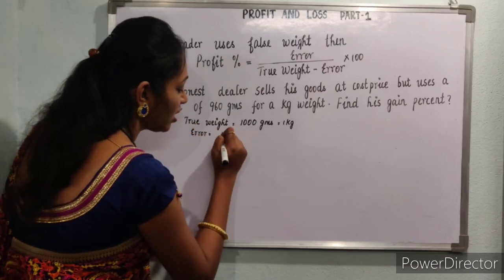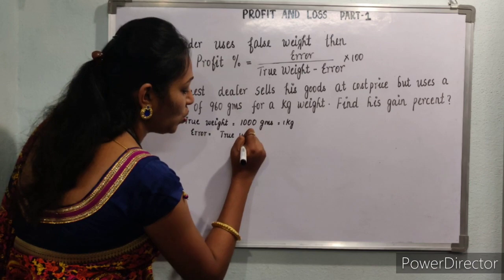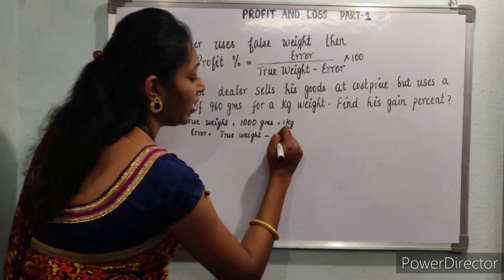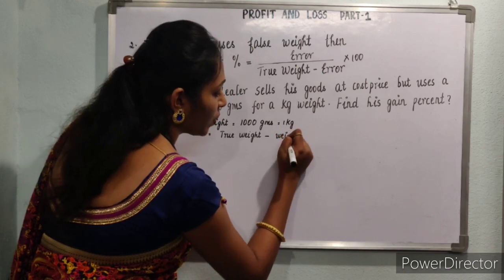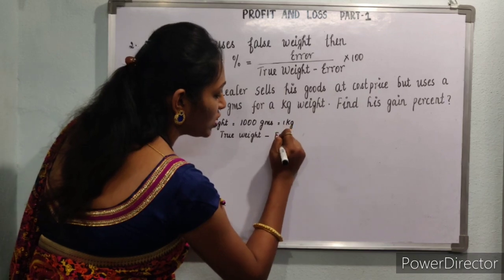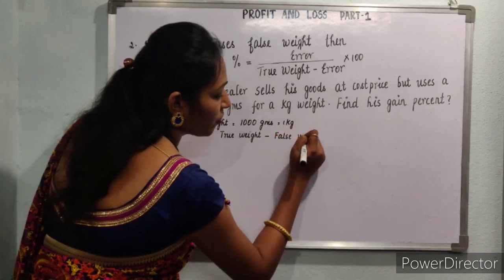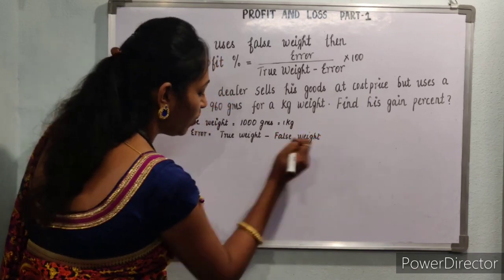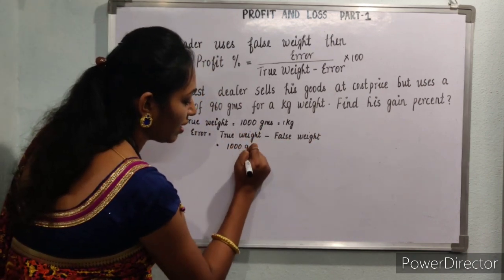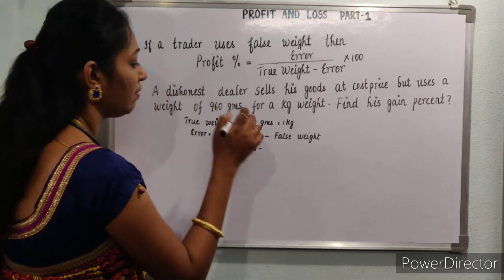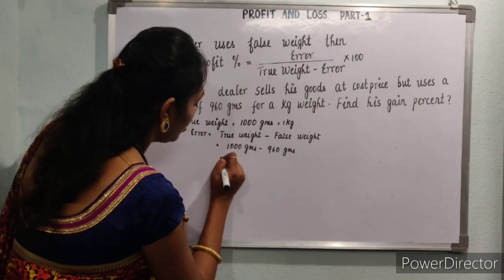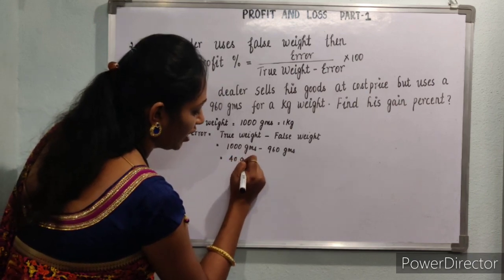So error is true weight subtracted by the weight given, the false weight. Now what is the true weight? True weight is 1000 grams. So 1000 grams minus what is the weight given? 960 grams. So the error is 40 grams.